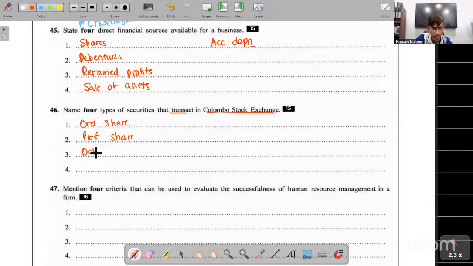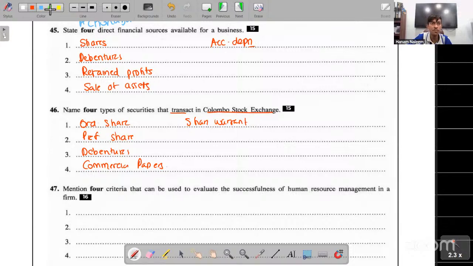Then you can take debentures and commercial papers. Ordinary share, preference, debentures, commercial papers, or share warrant. Better give priority to these answers.